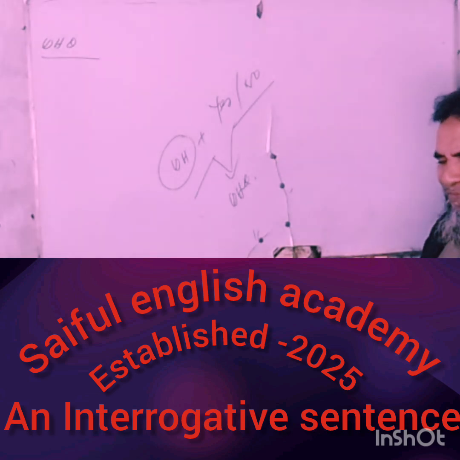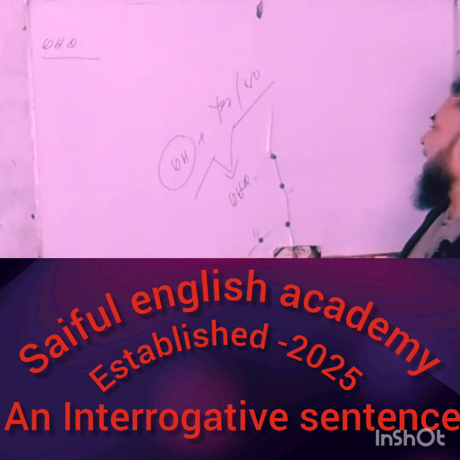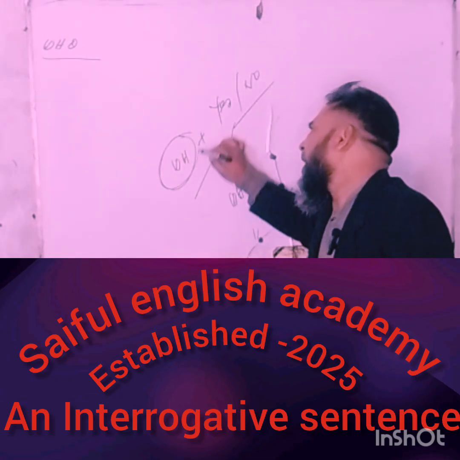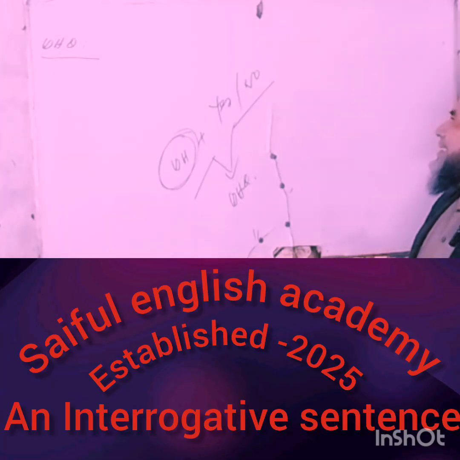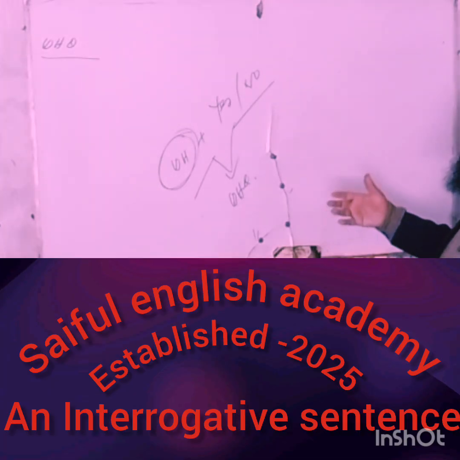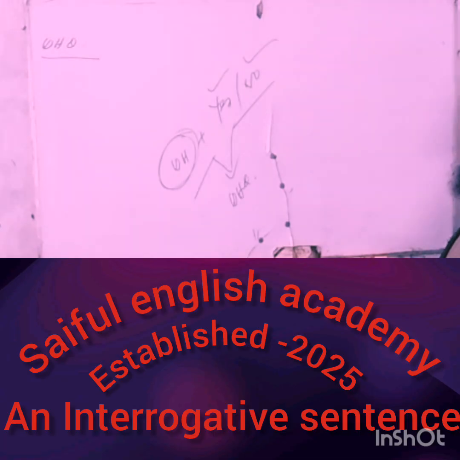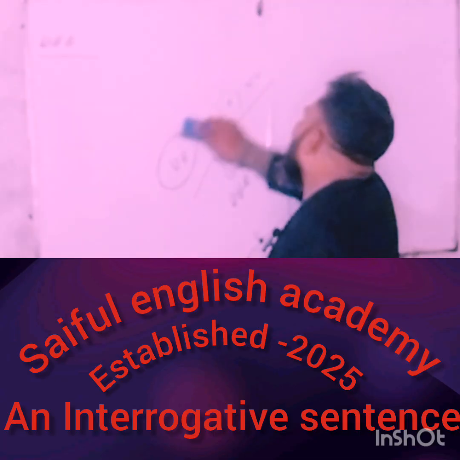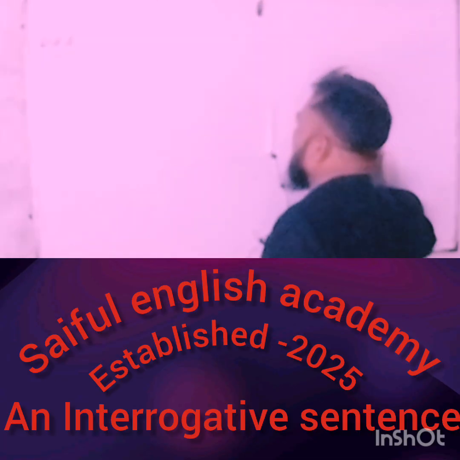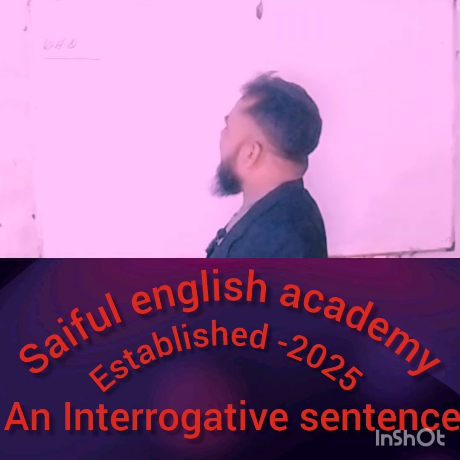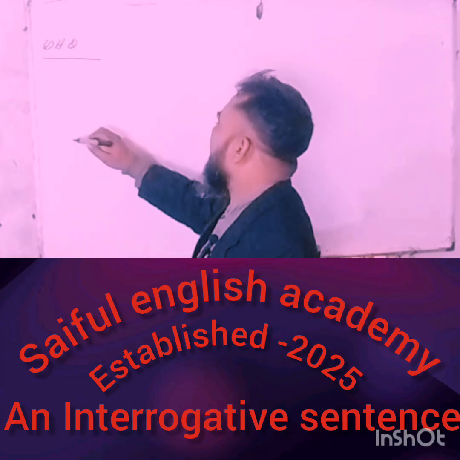So, the definition of WH question is that a WH question is a word which starts with W and has no chance of getting an answer with yes or no. Such kinds of words are called WH questions. Hope that you have understood clearly.